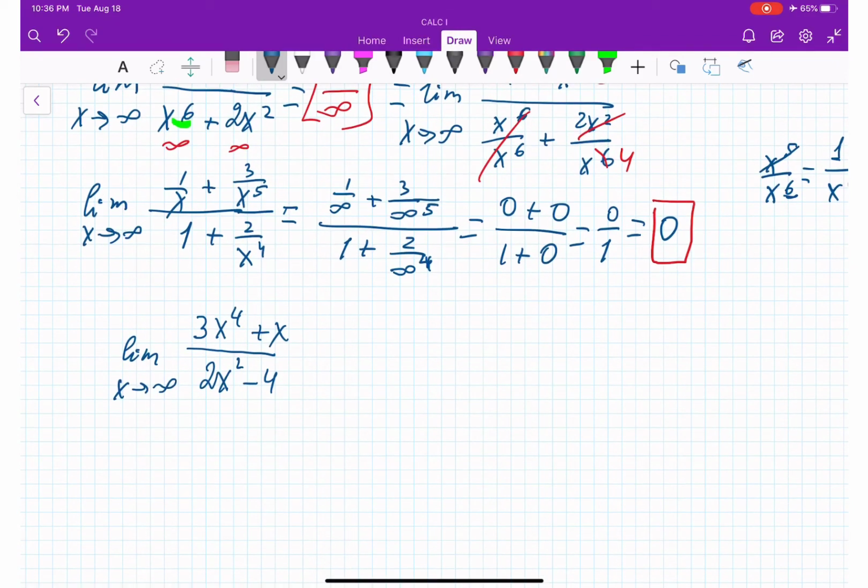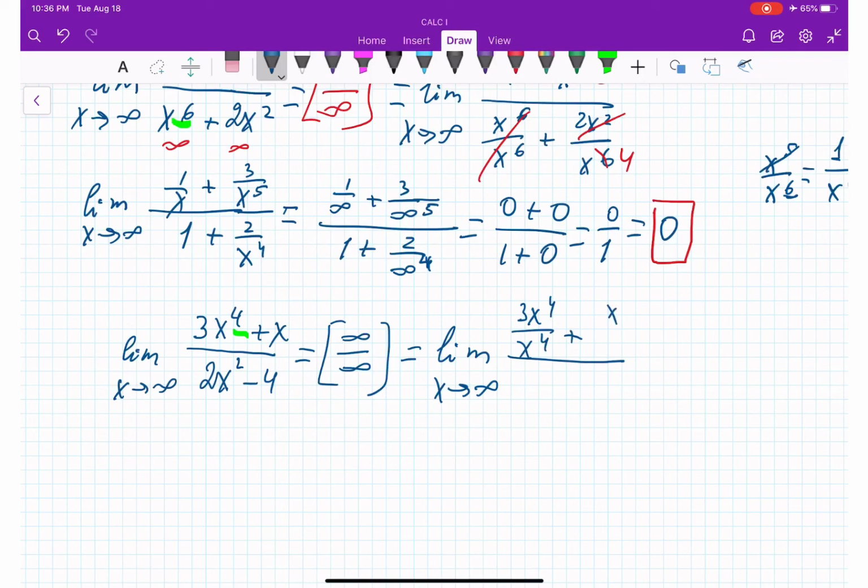What is going to happen? We are getting infinity over infinity, which I solve with the same method, dividing by the highest degree. The highest degree is going to be x to the 4. So let me divide: 3x to the 4 divided by x to the 4, plus x divided by x to the 4, 2x squared divided by x to the 4, and minus 4 divided by x to the 4.